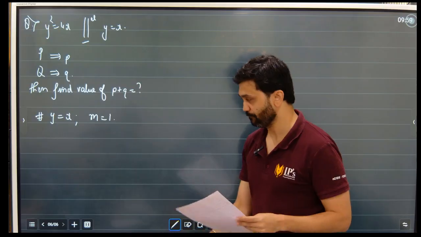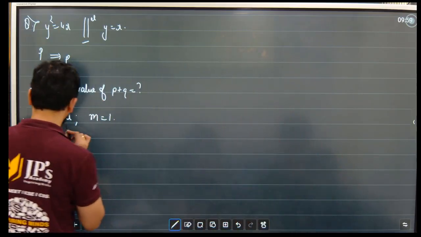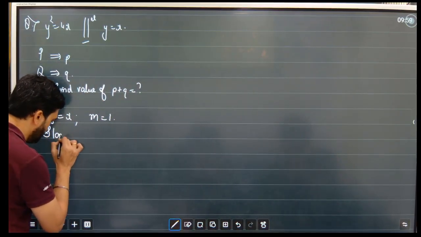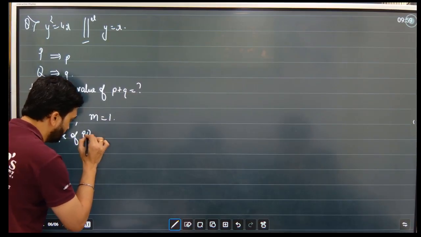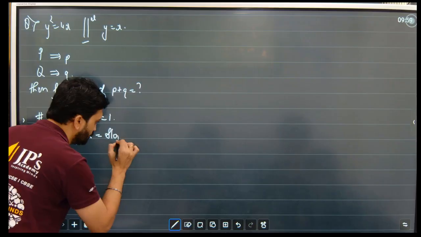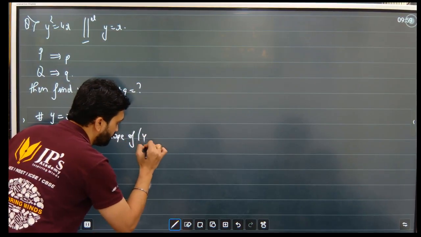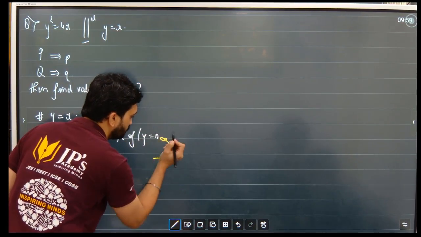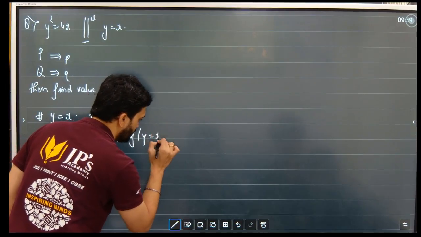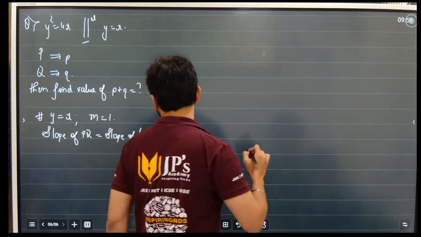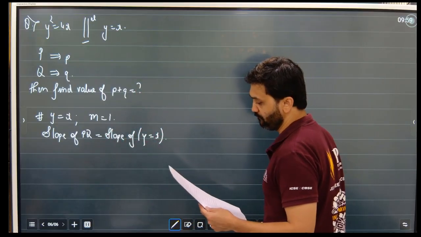So now what I am going to write is slope of PQ is equal to slope of y is equal to x.